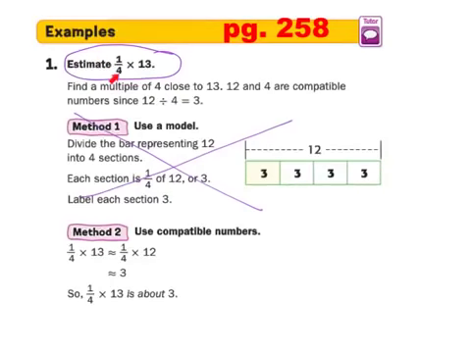But 13 doesn't divide by 4, so I'm going to round 13 to something compatible, something that I know will divide by 4. 13 is closest to 12, that's the closest multiple of 4, and 12 divided by 4 is 3. 1/4 of 13 is about 3, because I know 1/4 of 12 is 3. So we're estimating, finding something compatible, a number that will divide by the denominator.